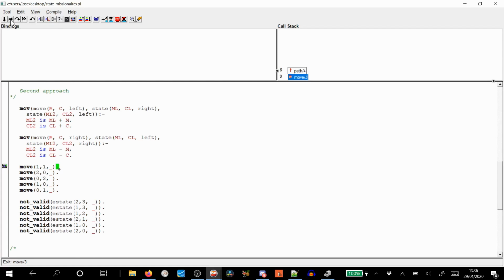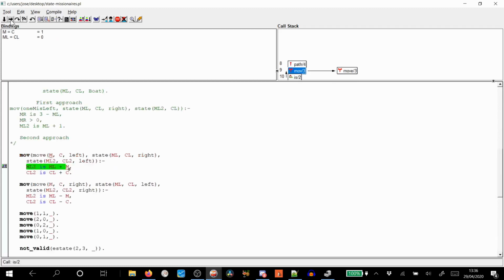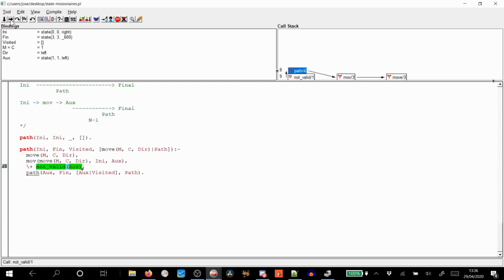What happened here? Maybe the error is in the not valid. The problem is the direction. What happened with the direction? The direction is the left.